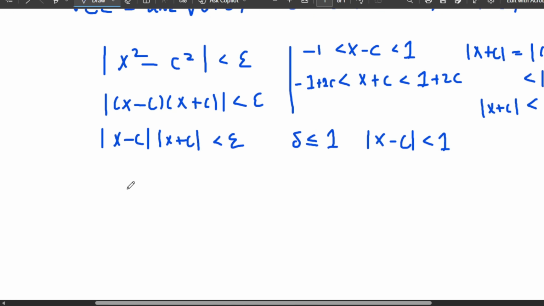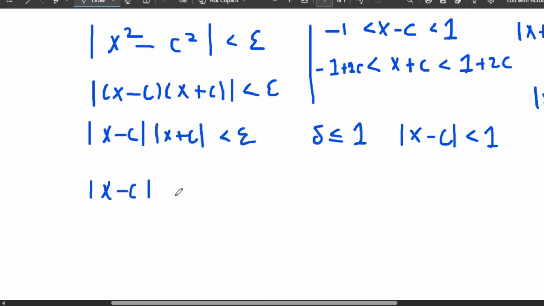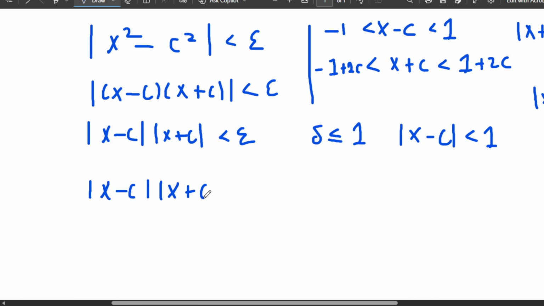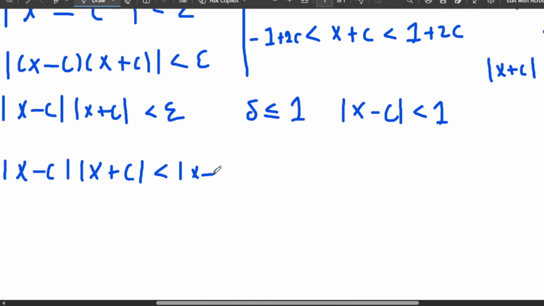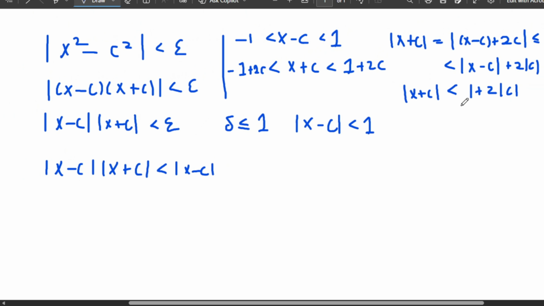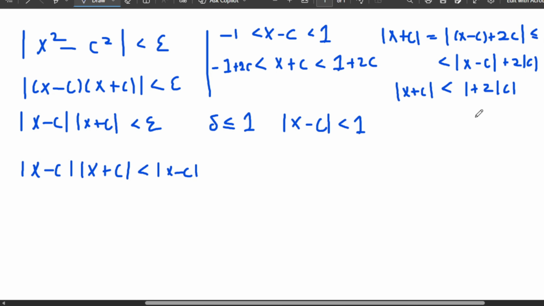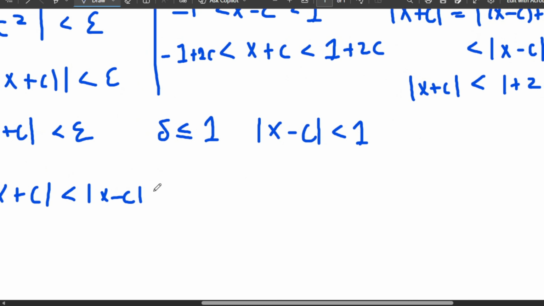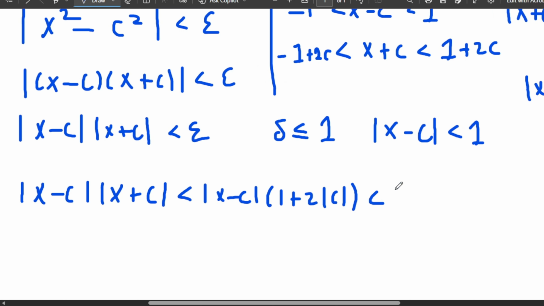Using that, we have absolute of x minus C times absolute of x plus C. This must be less than absolute of x minus C times 1 plus 2 times absolute of C, which will be less than epsilon.